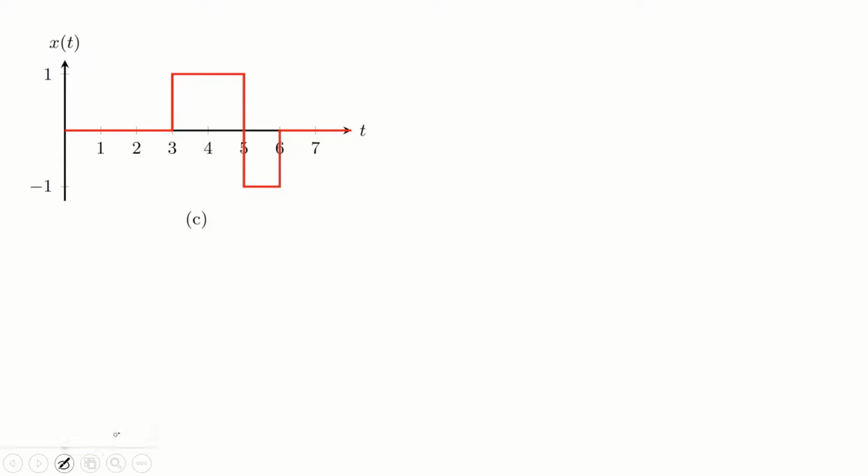Again, we have 4 intervals. For t before 3, the value of the signal is 0. For the interval between 3 and 5, the value of the signal is 1.